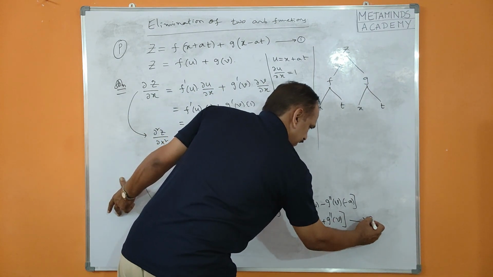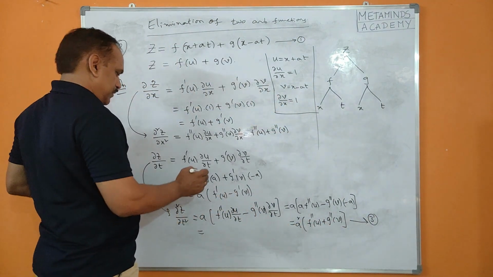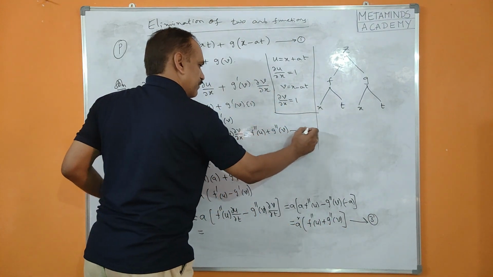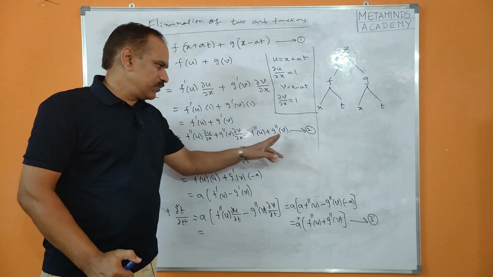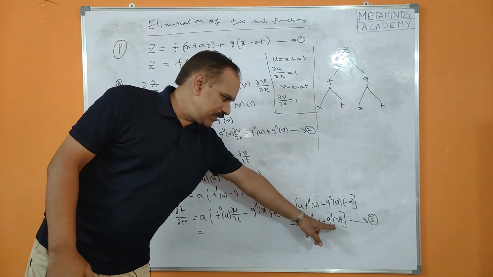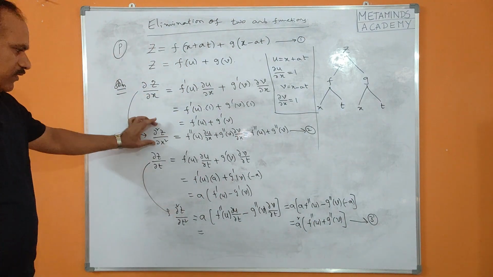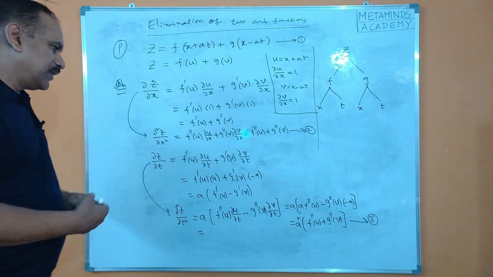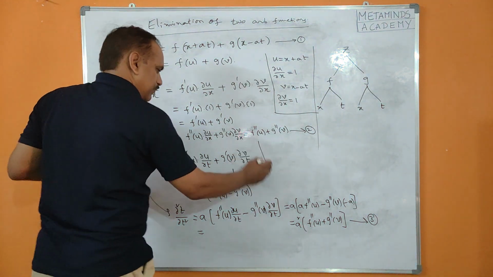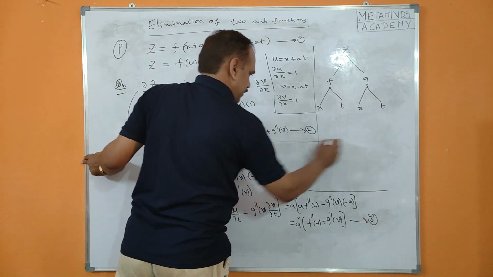So this you name as the third equation, this you name as the second equation. You see, now this is f double dash u plus g double dash v, f double dash u plus g double dash v. So simply you divide these two, equation 2 and 3, and f and g will be eliminated. So here I write the answer.